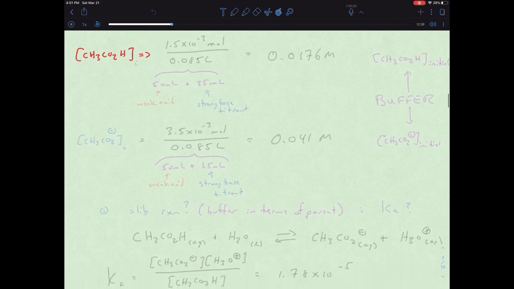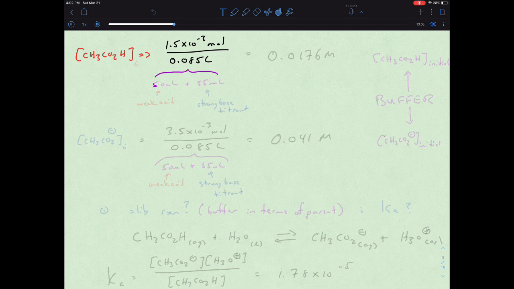So we want to take that 1.5 times 10 to the negative third moles of the acetic acid, and now divide it by our value of 0.085 liters.